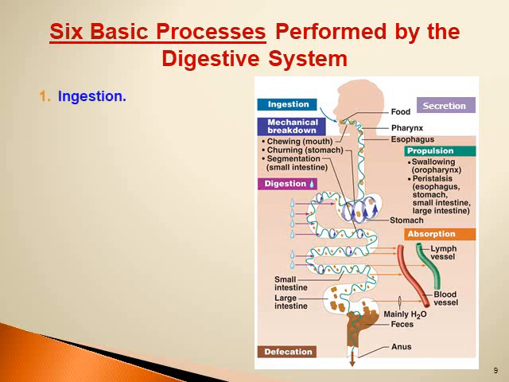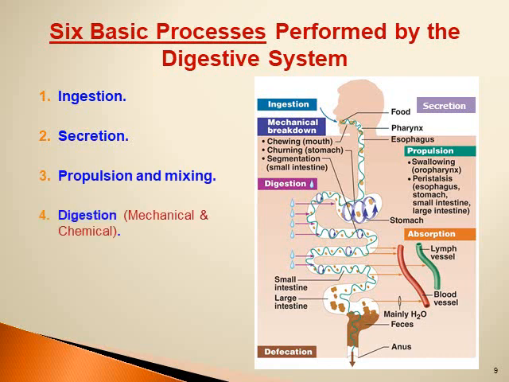These are ingestion, secretion from the accessory glands, propulsion and mixing, and digestion, both mechanical and chemical. Mechanical digestion is due to the contraction and relaxation of the muscles in the wall of the alimentary canal. Chemical digestion is the function of enzymes.